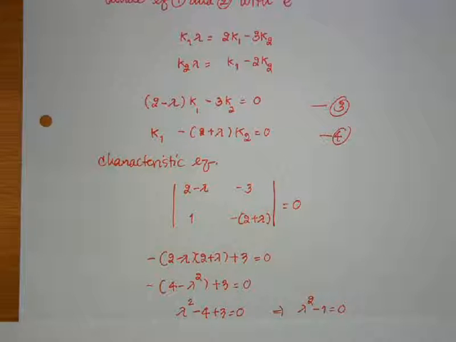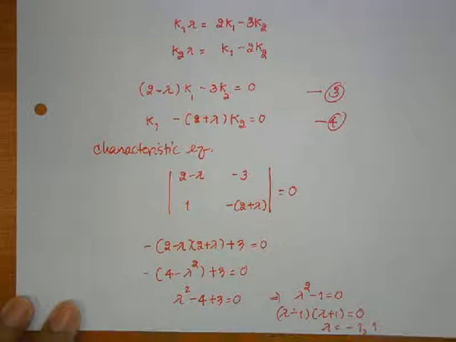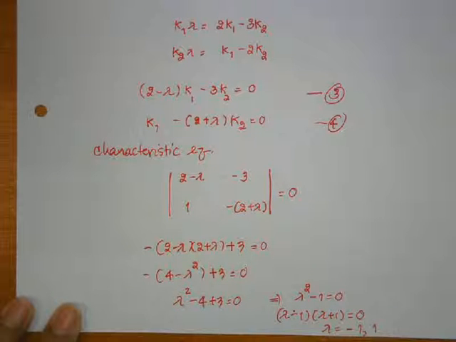So you would find two values of lambda. What are the two values of our lambda, our eigenvalues? Okay, minus 1 and plus 1. Minus 1 and plus 1 are real numbers and unrepeated, so it's still in our case 1.